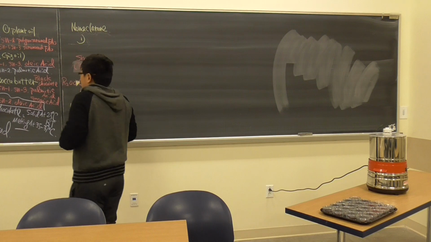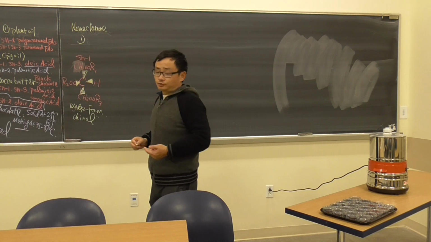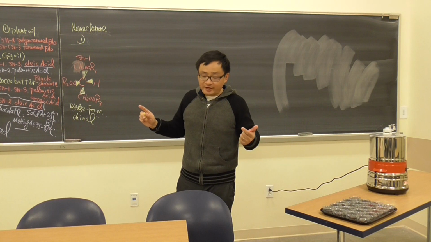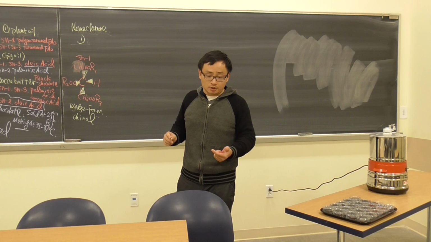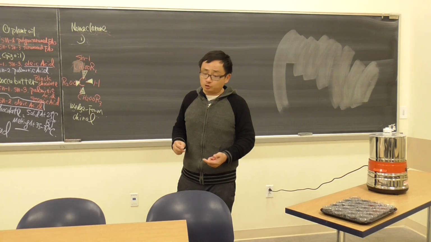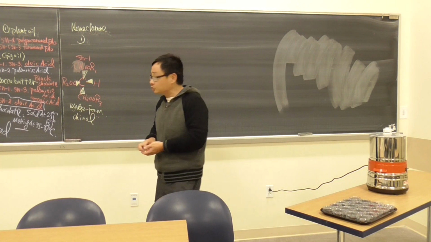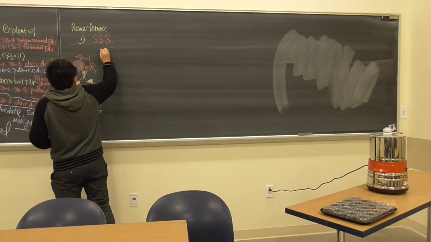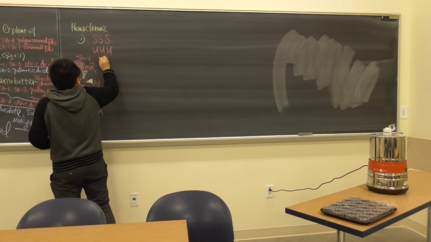Lots of the time we don't really care what kind of fatty acids are in the triglycerides. We only care whether they are saturated or unsaturated. So we could even write SSS, UUU, or SUS.